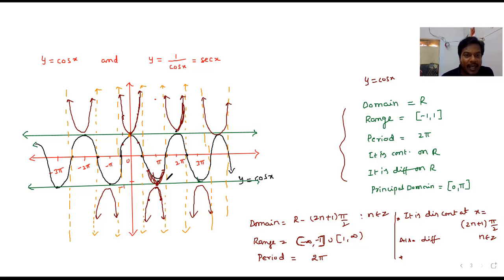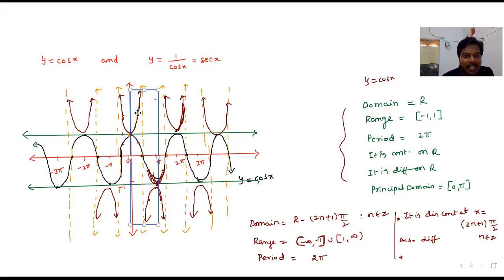Okay. Next, principal domain for this. Principal domain is from 0 to pi, but not pi by 2. Let us see the principal domain of this graph. Observe in this interval, it is strictly increasing, and there is a break at pi by 2, and then strictly increasing again.